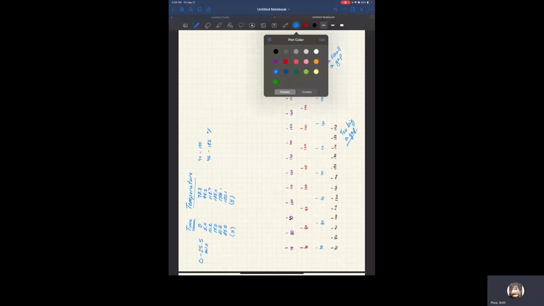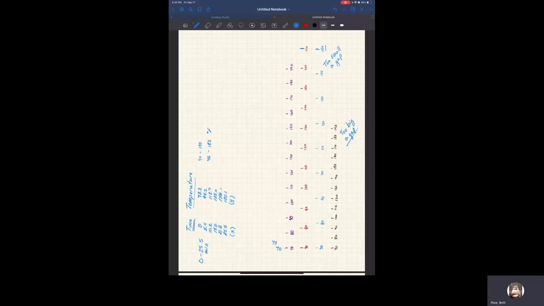So I had to decide to go with a graphing scale that I really don't like. And the reason why I don't like it is if this is 70, this would be 73 and 1/3. Then I would have 76.67, and then I would have 80.